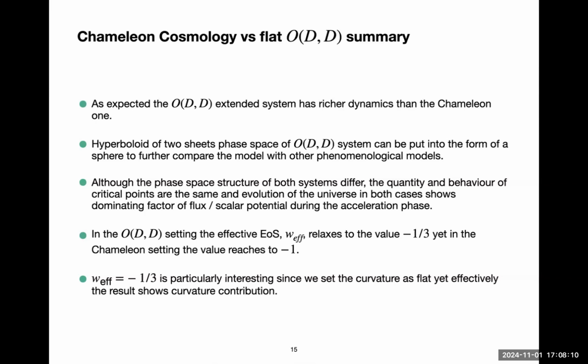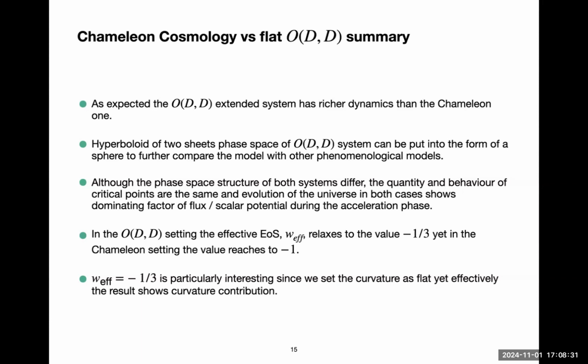So it cannot be a coincidence that we get exactly -1/3. It looks a bit coincidental, but when we do an analysis on the curved or the complete cosmology, we see similar results as well.